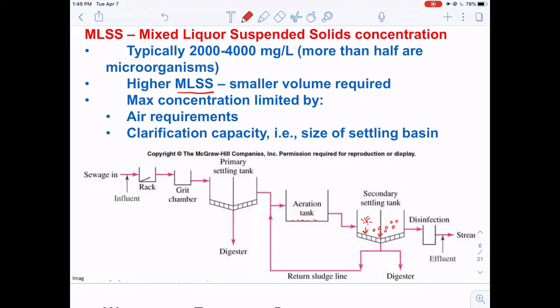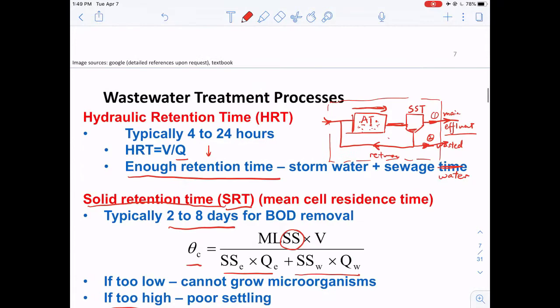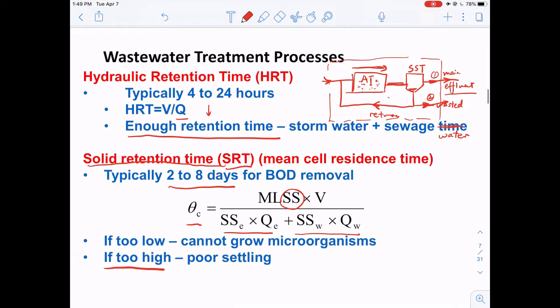We mentioned that this is limited by the size of the settling basin. It means we're generating too much bacteria, and it's too difficult for us to remove all of them. Similarly, we cannot set the SRT to be too long, because if the retention time of the solids is too long, we're generating too much bacteria, and there's going to be poor settling of these microorganisms.